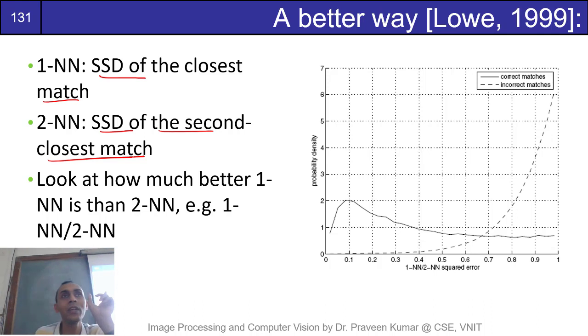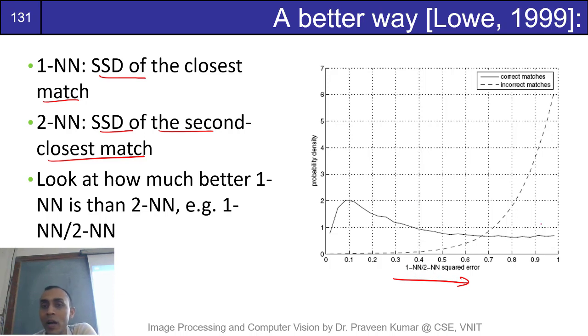So first they use the ratio between the descriptor match itself. Now they are using the ratio between the patch around that key point match, and so now the x-axis is the ratio of this sum of square difference error.